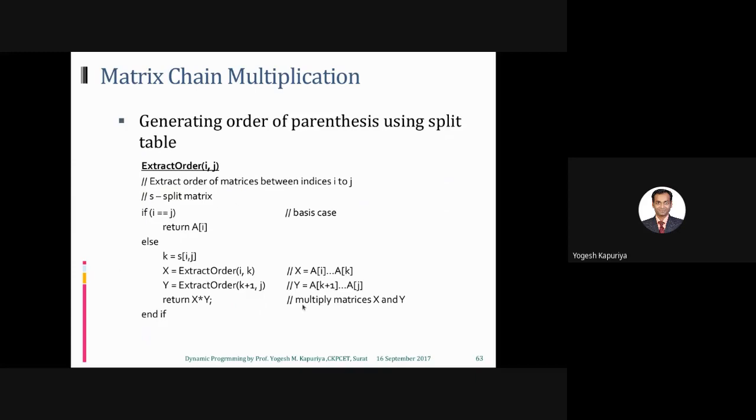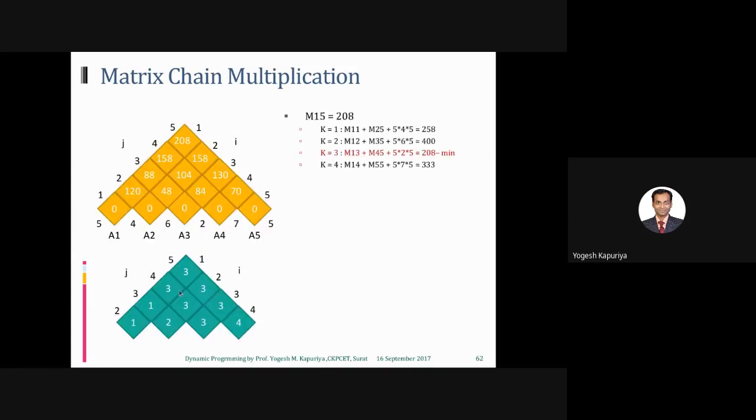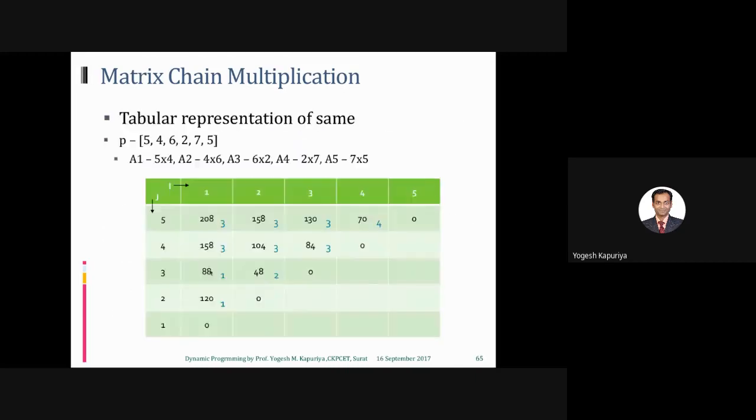We'll understand this if time permits, but not today, and not as part of this course discussion, because it is not part of your syllabus. But still, there is an algorithm for evaluating this matrix and finding out the parenthesis.